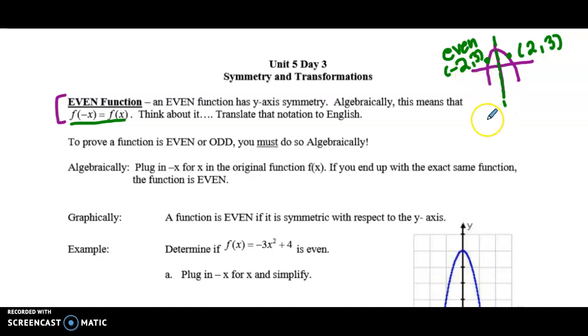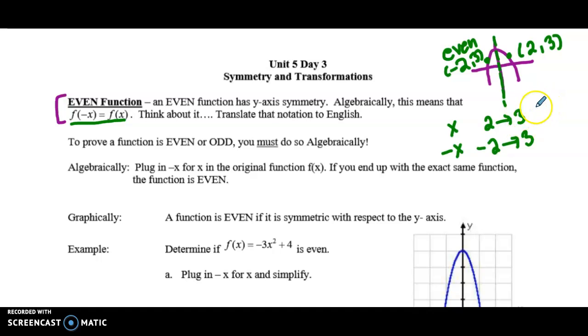So 2 goes to 3, and -2 also goes to 3. So when I plug in x, and when I plug in negative x, so if x is equal to 2, negative x would be -2, your outputs or your y values are exactly the same.